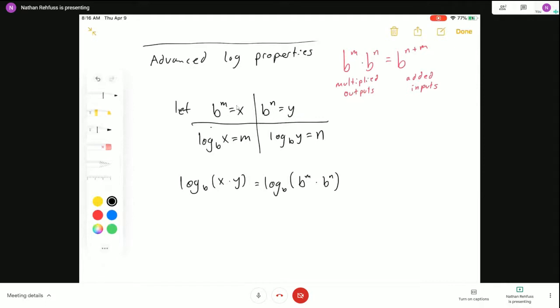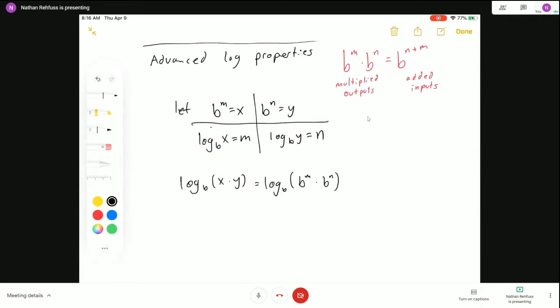And so that directly leads to these two expressions because, well, if b to the m is x, then log base b of x is m. So then when I multiply these inputs, I have another name for them that's going to let me make progress, because now I've got b to the m times b to the n, like I have up here. So at this point, if I'm going to get a property of logs that mirrors this exponential property, I'm going to have to plug the exponential property in at some point.